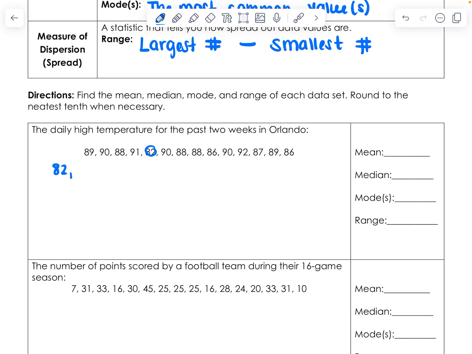So 82, and I usually cross them out as I go to keep track. So it doesn't look like I have an 83, 84, 85, but I do have one 86 here, and I have another 86. Down here, I do have an 87, and I have 1, 2, 3 88s.